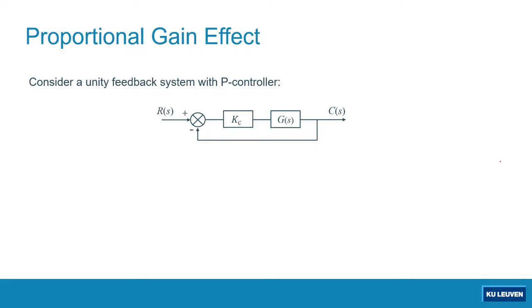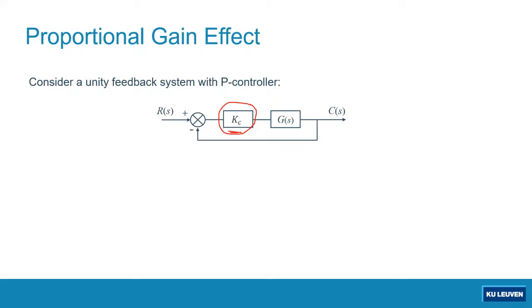Let us consider now a unity feedback system with a proportional controller. What is a proportional controller? A proportional controller is a controller that only contains a scalar value in it. So as a system itself, a proportional controller is a static system.